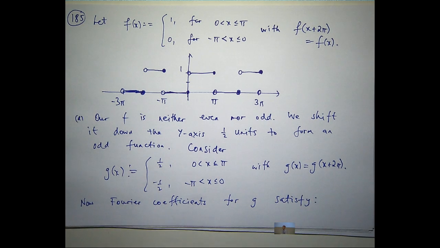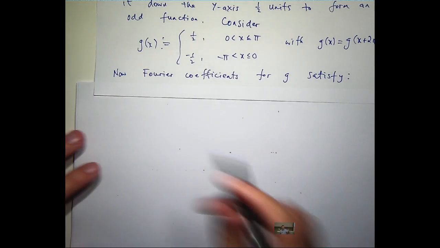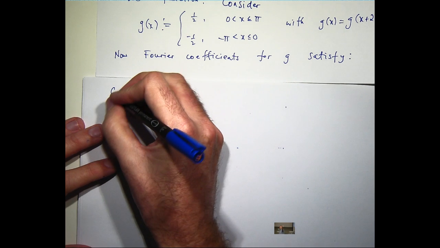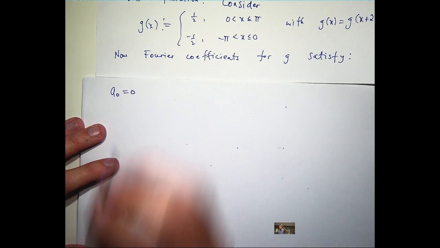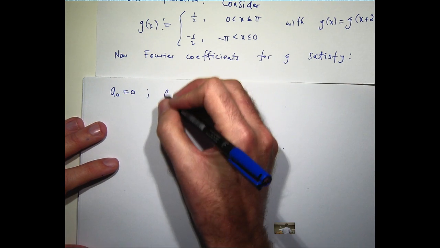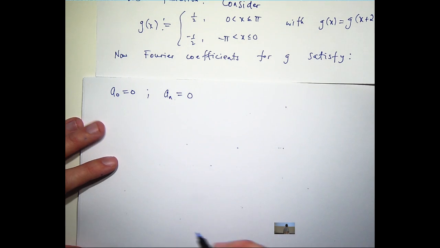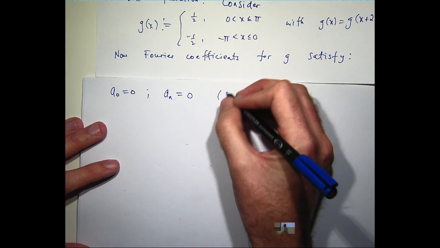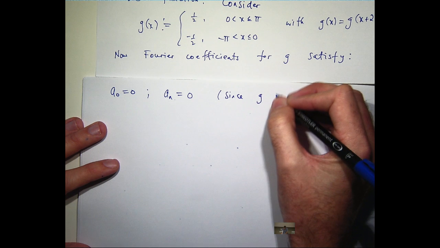All right, so a naught is 0. All the a n's are 0 as well, since g is odd.